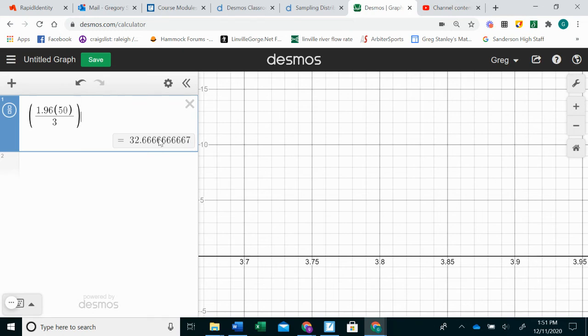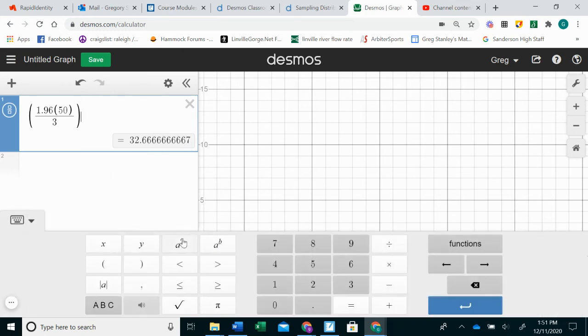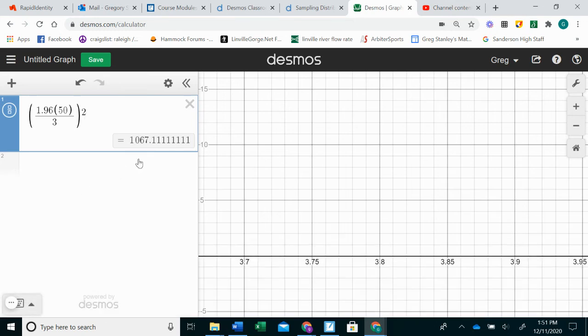So there are 2 ways we can get the square. If you click the keypad, then it's the A squared button, or you could do Shift 6 and then type in the square. Right. So this tells us we need a sample size of about 1,067 people to meet our goal, a margin of error of 3 points, and then a 95% confidence level.